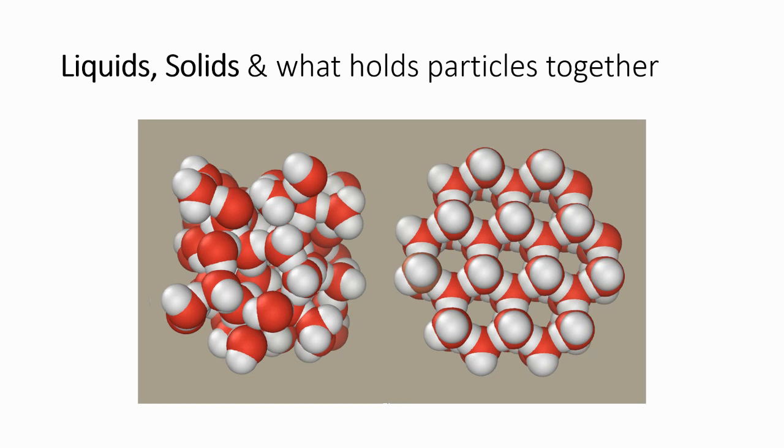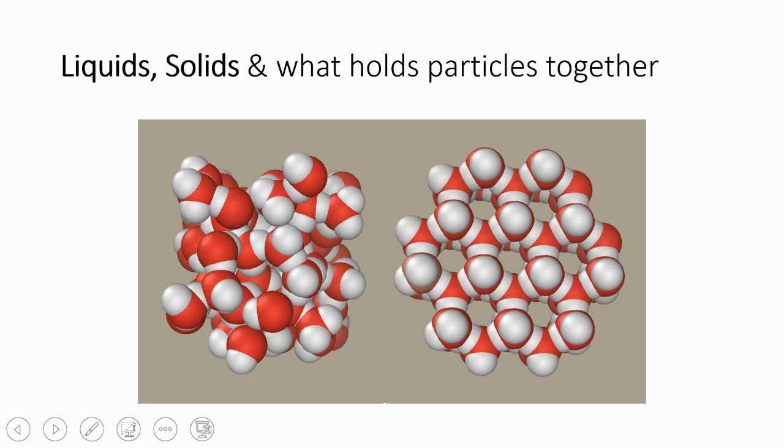And so the goal of this video today is to look at those differences that we see between gases and liquids and solids, and also to just kind of refresh our memories about some of the things that we already know, but will end up being pretty important as we move forward.